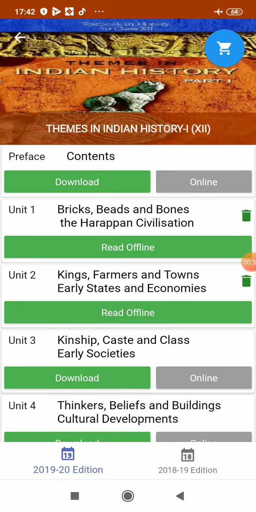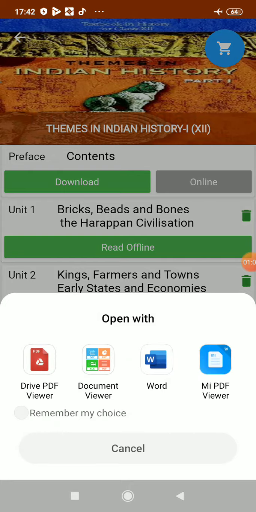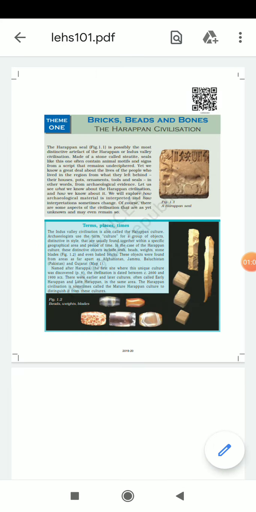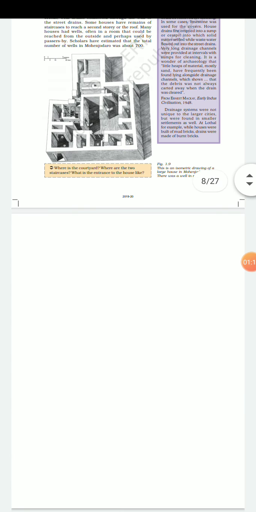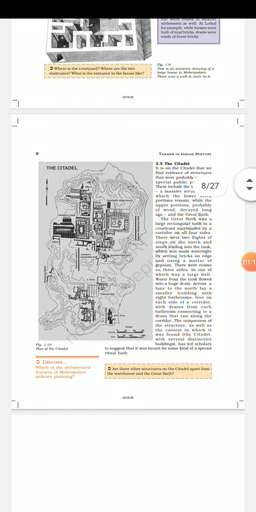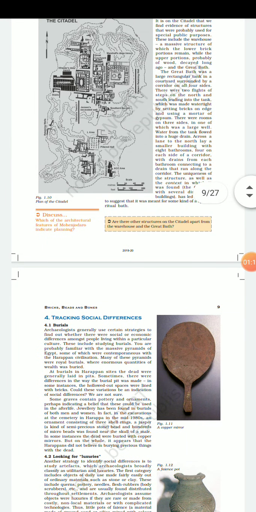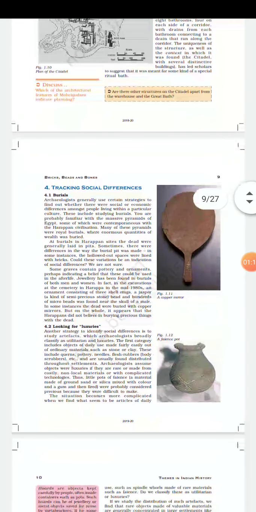Yesterday we were discussing our topic, and we discussed a little bit. We were on page number 11, tracking social differences.